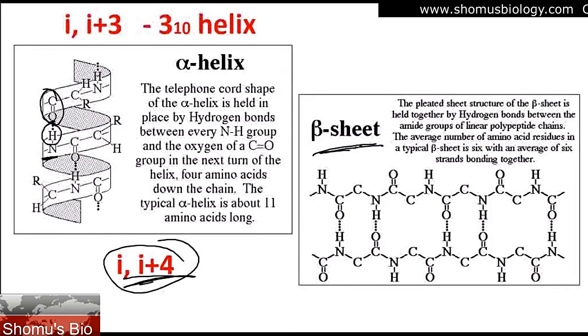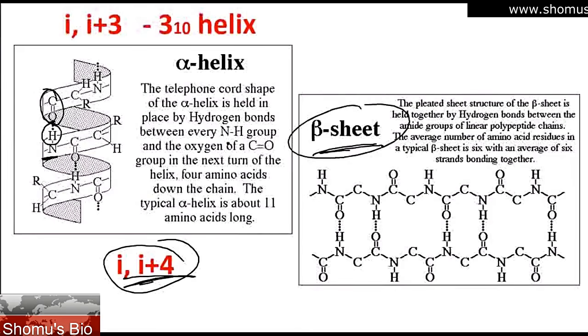In beta sheet, the process is different. Instead of forming the bond in the gap, like 1 with the fifth, that's in the alpha helix, and while they're forming the bond 1 with the fifth, they're also forming the spiral structure. In beta sheet, the idea is different.